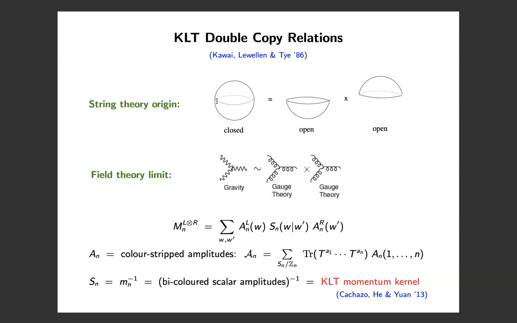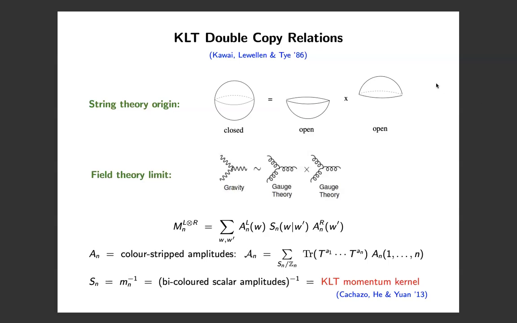The topological reasoning behind the duality is that if you take a sphere, you can cut it along its equator, and that splits it into two disks. If you glue the two disks together along their common boundary, you get a sphere. This can be made very precise at the level of tree level amplitudes in string theory.